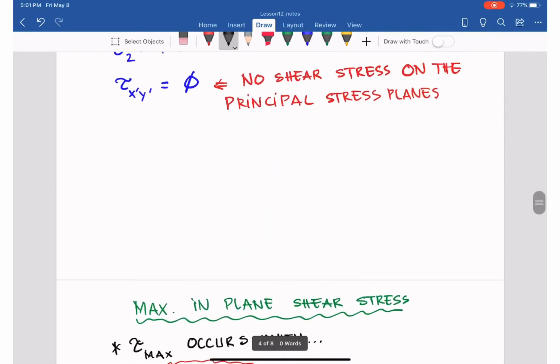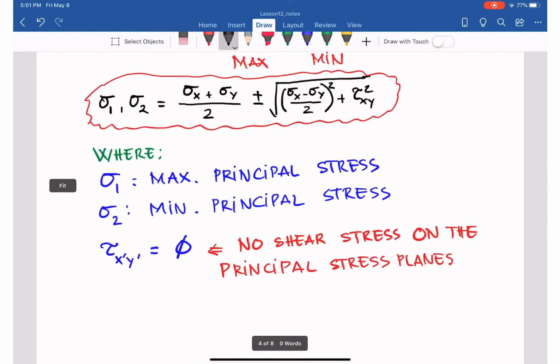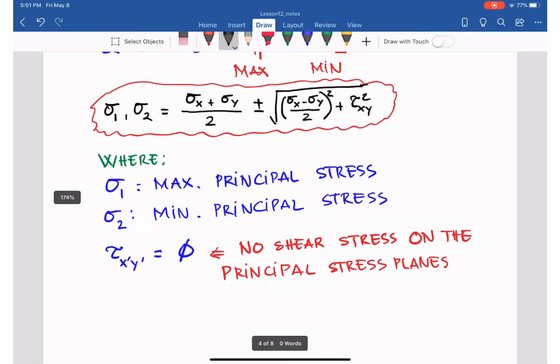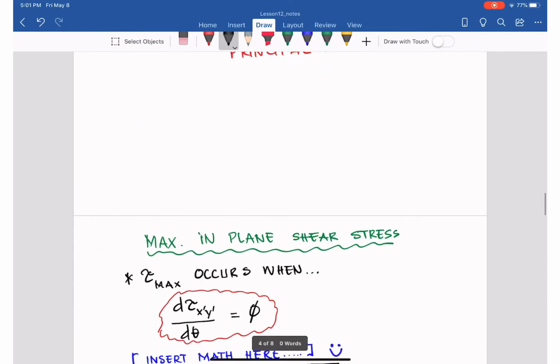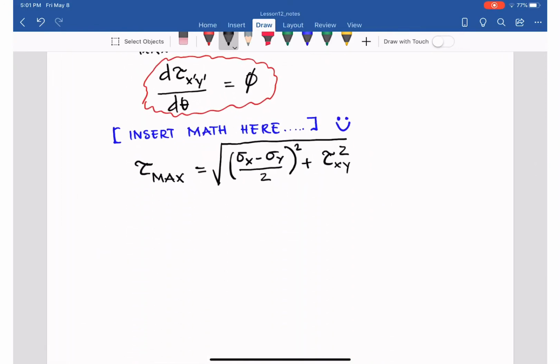If we use the principal stresses sigma 1 and sigma 2 in that equation, we can make it even simpler. If we already find sigma 1 and sigma 2, we have sigma 1 and sigma 2 instead of sigma x and sigma y.